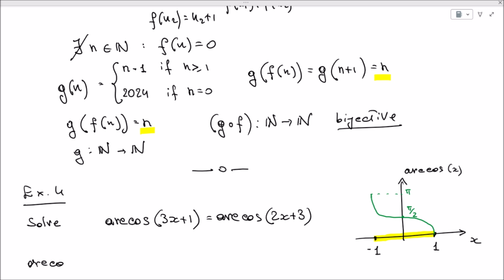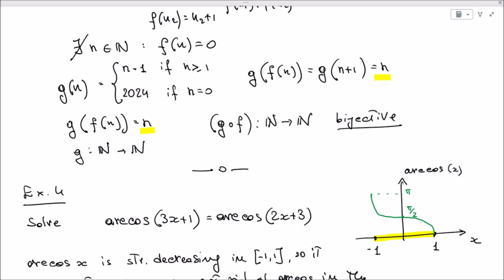So arc cosine of x is strictly decreasing in minus 1, 1. So it is injective, which means that we can get rid of arc cosine in the equation.